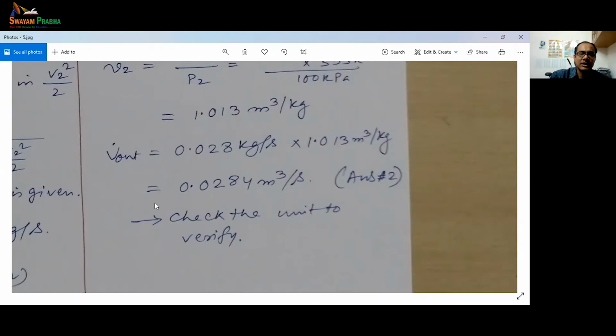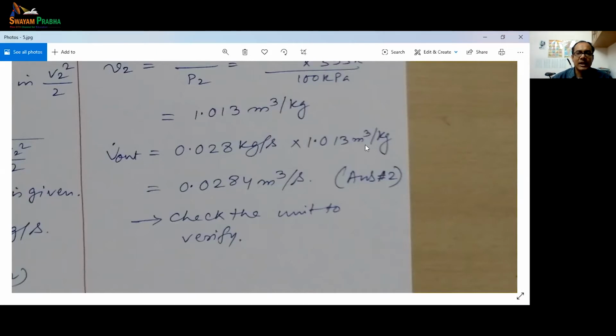So here you can see that volume flow rate is expected to be in meter cube per second, or some length cube per time unit, right? So here the meter cube per second unit is coming automatically, and that you can see from this equation. You are multiplying kg per second and meter cube per kg. So this kg cancels out and you have meter cube per second.